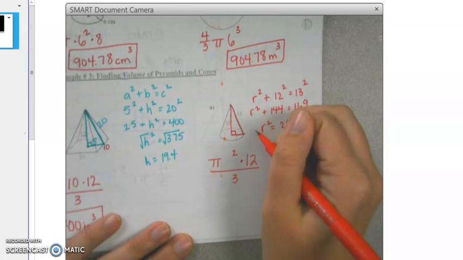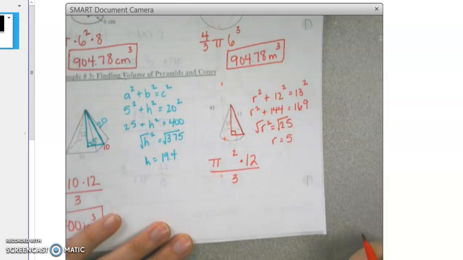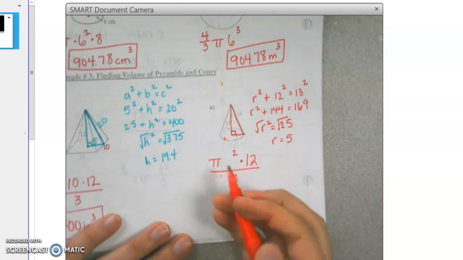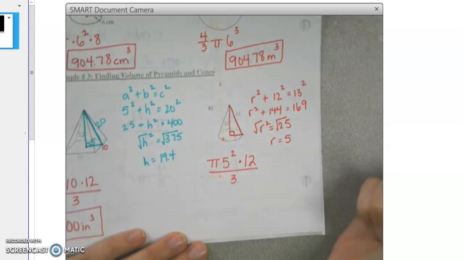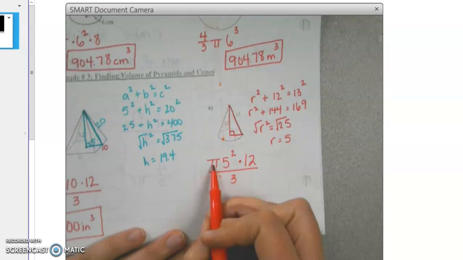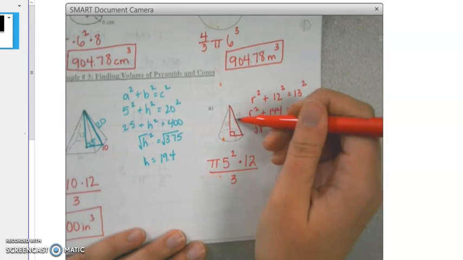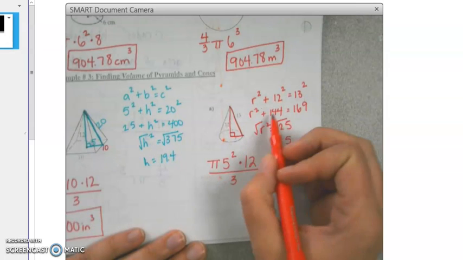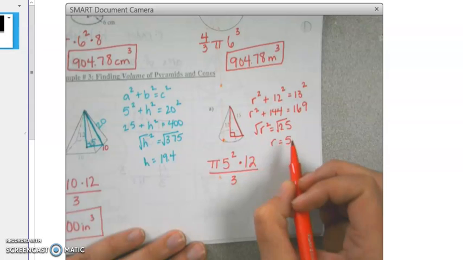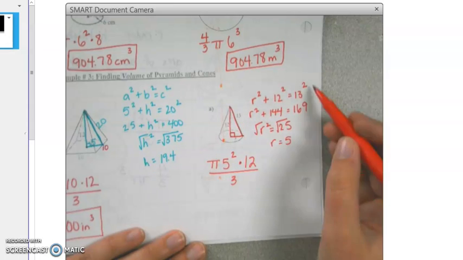And then I need to square root both sides. I find out that r is 5. Which means I can put this in my formula now. 5 squared. So pi r squared times the height divided by 3. So notice we didn't use 13 in the formula at all, but we did need it in order to figure out the radius. We could not have figured out the radius if we didn't know that slant height was 13. So this had to be done.